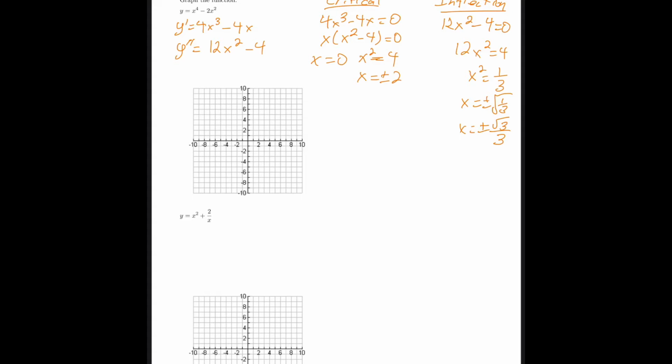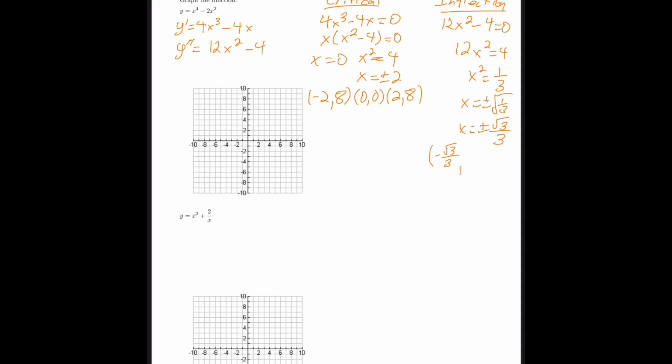Okay, so now we can find all the critical points and inflection points. For the critical points, we plug in negative 2 and you get 16 minus 8, so you get 8. Plug in 0, and you get 0. Plug in 2, and you get 8.